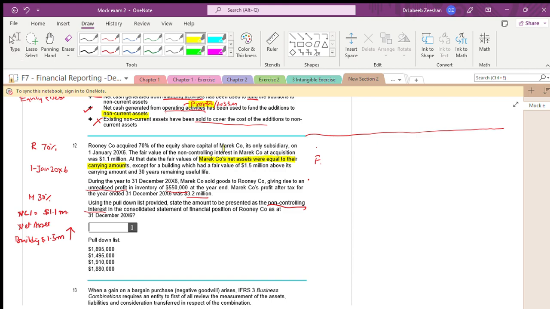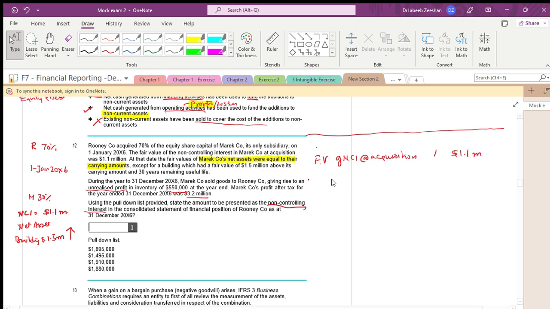Fair value of NCI at acquisition is how much? 1.1 million.